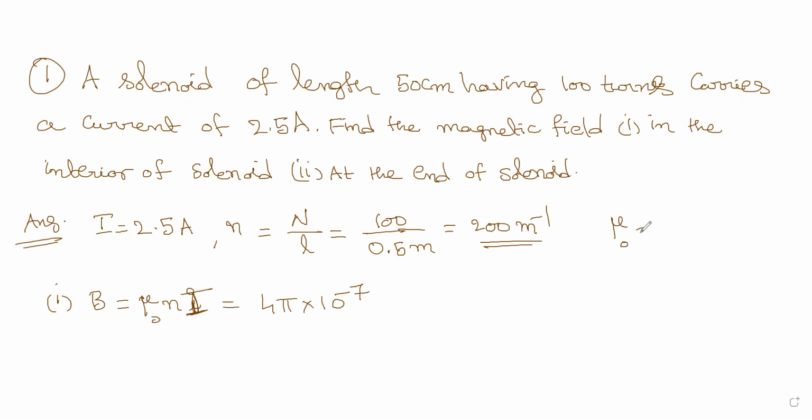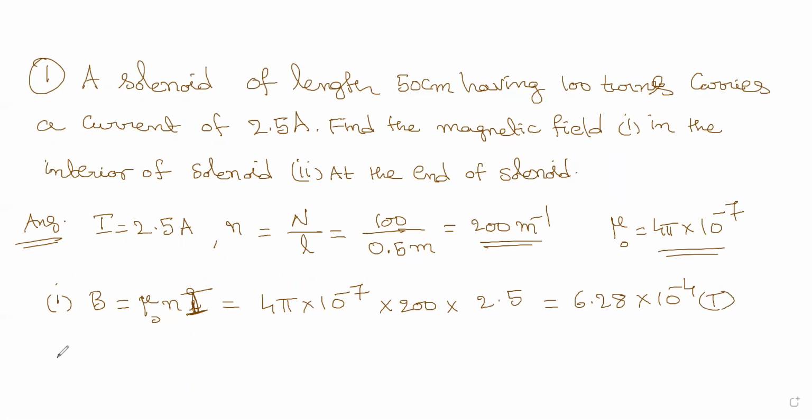Substituting n is 200 and I is 2.5, what we get is 6.28 into 10 to the power of minus 4 Tesla.